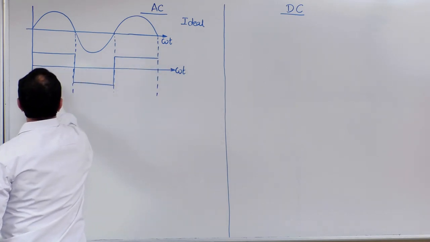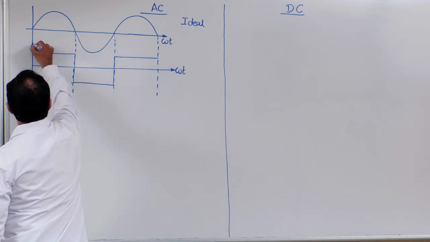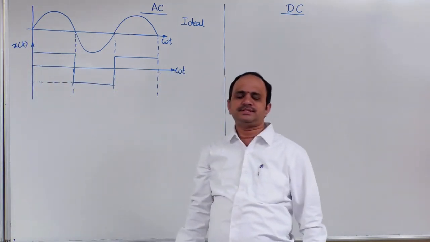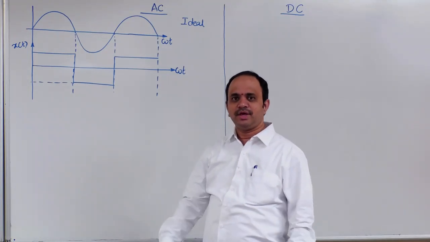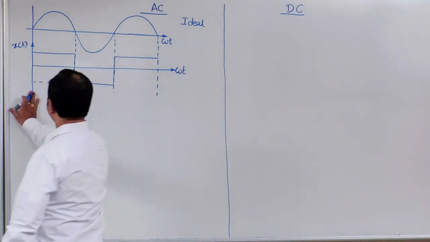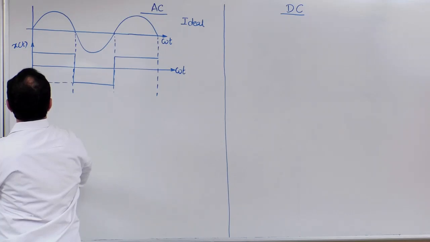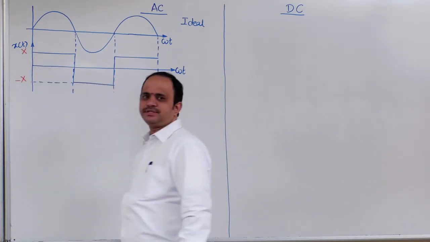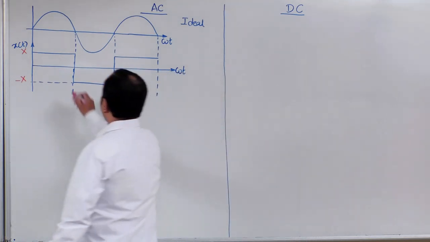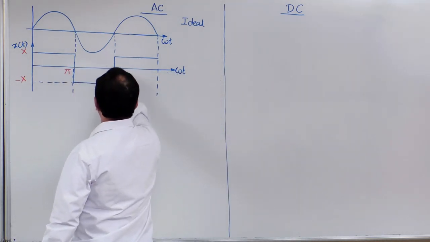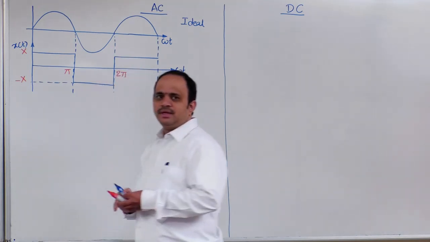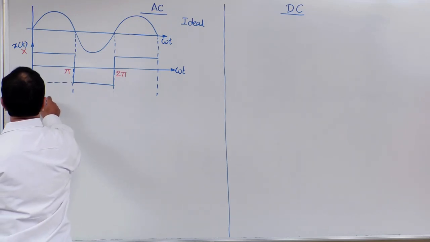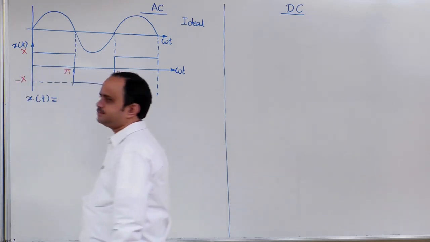In our previous classes, in the Fourier series analysis, we derived the Fourier series expression for this particular waveform. Therefore, it is meaningful to take this as an example. Suppose the positive magnitude is x, negative magnitude is minus x, and let us take this is pi and this is 2 pi. Can you recollect the Fourier series expression for this function?